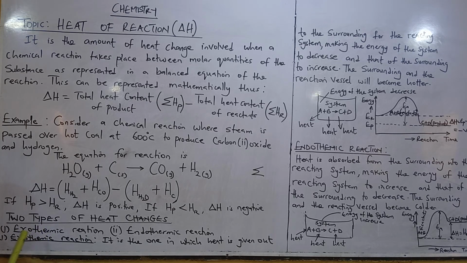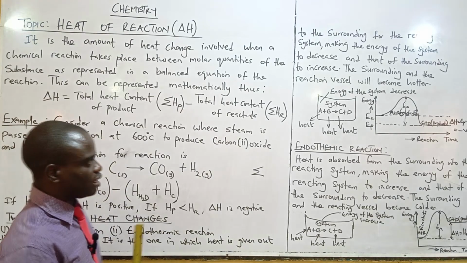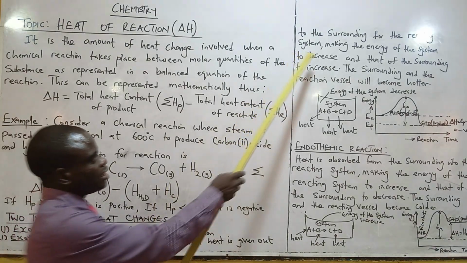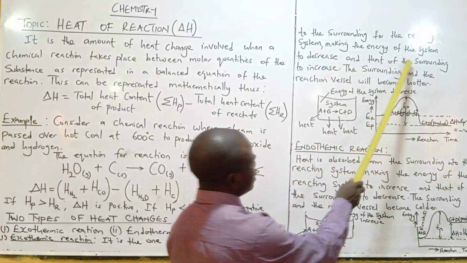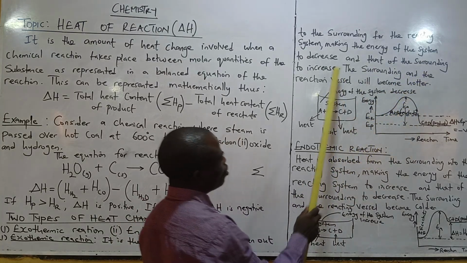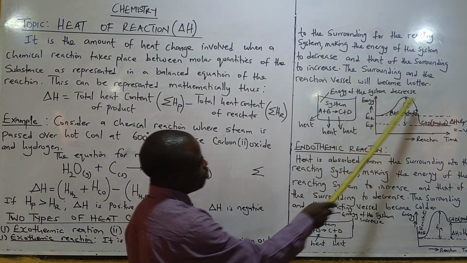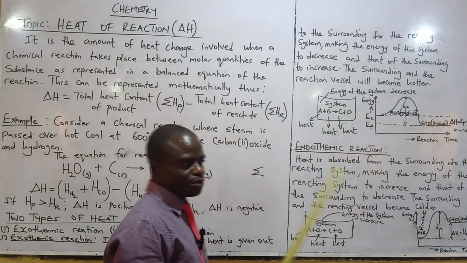Now let's see what an exothermic reaction is. It is one in which heat is given out to the surrounding from the reacting system, making the energy of the system decrease and that of the surrounding increase. The surrounding and the reacting vessel will become hotter. Let's see an example.